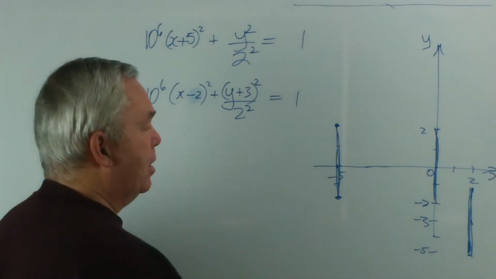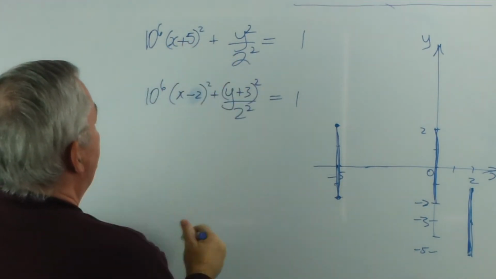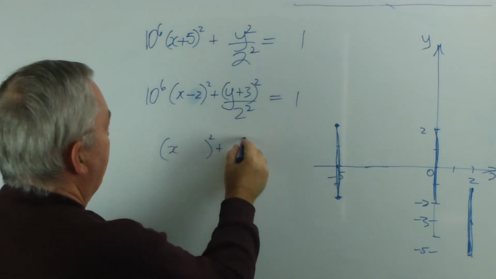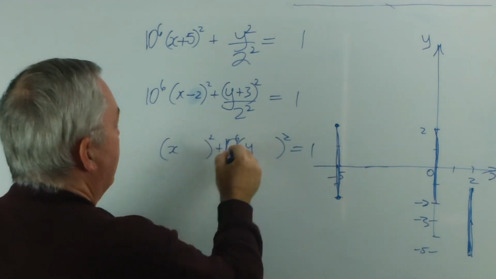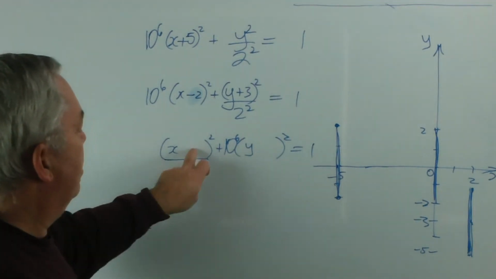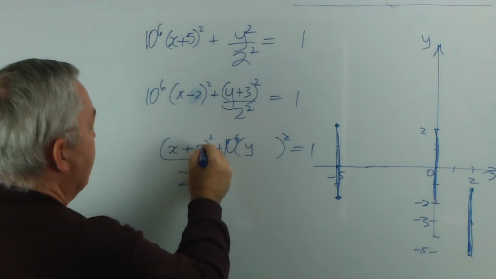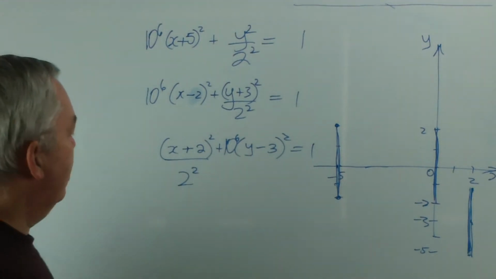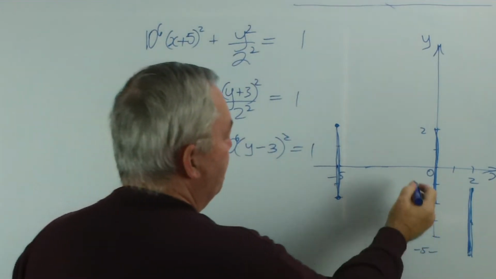How would we get a horizontal line? Well, we would simply swap these two coefficients, and we would get something like 10 to the 6 here, and let's use the same number here. Let's change the position. I'll use a +2 and a -3 this time. The centre of this graph is at -2, +3.